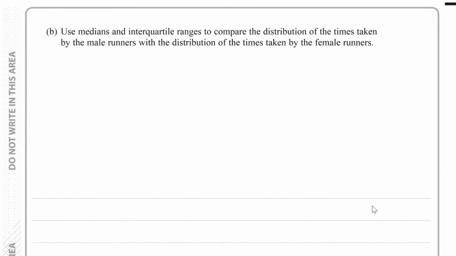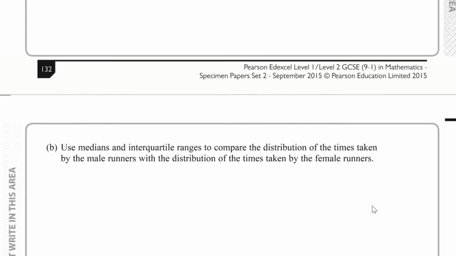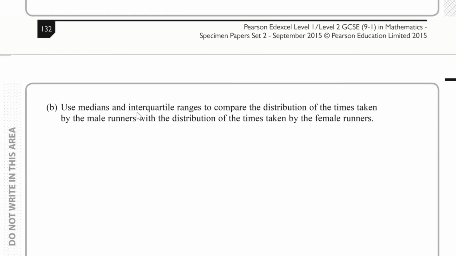Now for part B of the question, use medians and interquartile ranges to compare the distribution of the times taken by the male runners with the distribution of the times taken by the female runners.